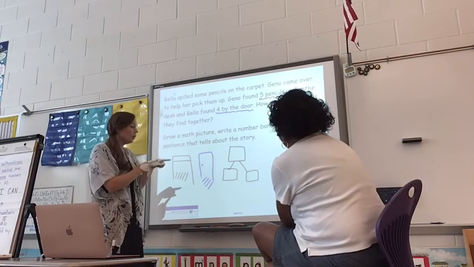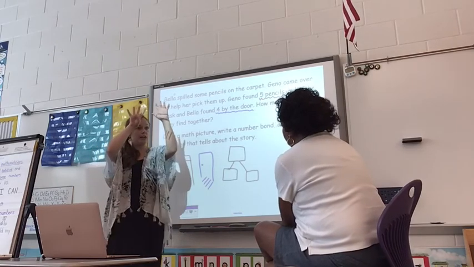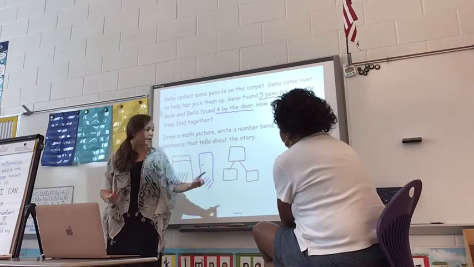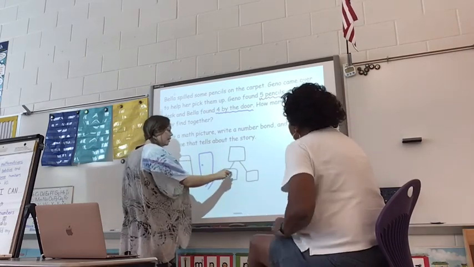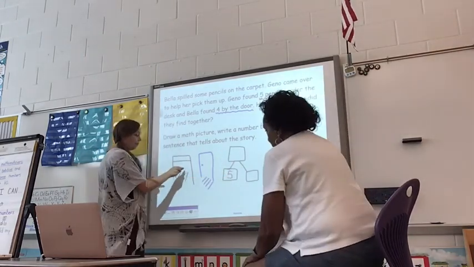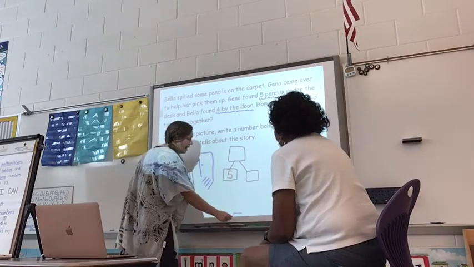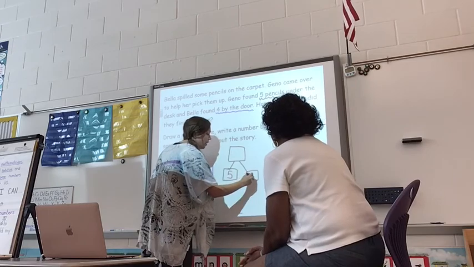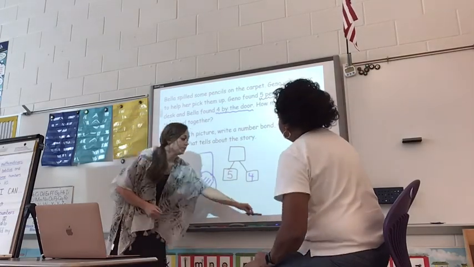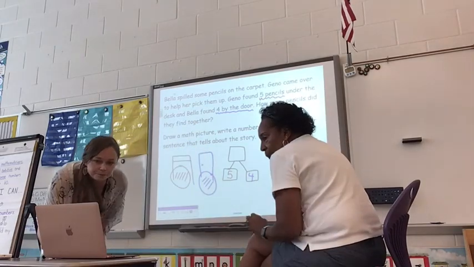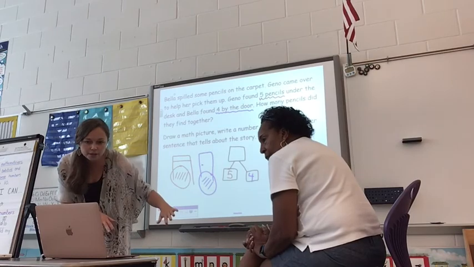Miss Atwood, if you were going to put 5 and 4 somewhere on the number bond, would you put it up top, or would you put it down the bottom? Down at the bottom, part. Okay, because part of the pencils are the 5 that came under the desk, and the other part are the 4 that were over by the door. So in your number bond, I want you to put 5 and 4 as the 2 parts at the bottom.